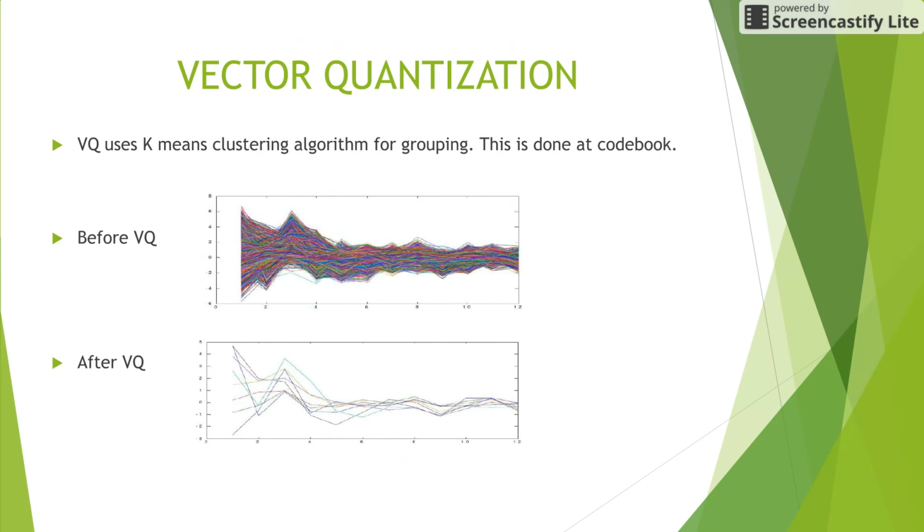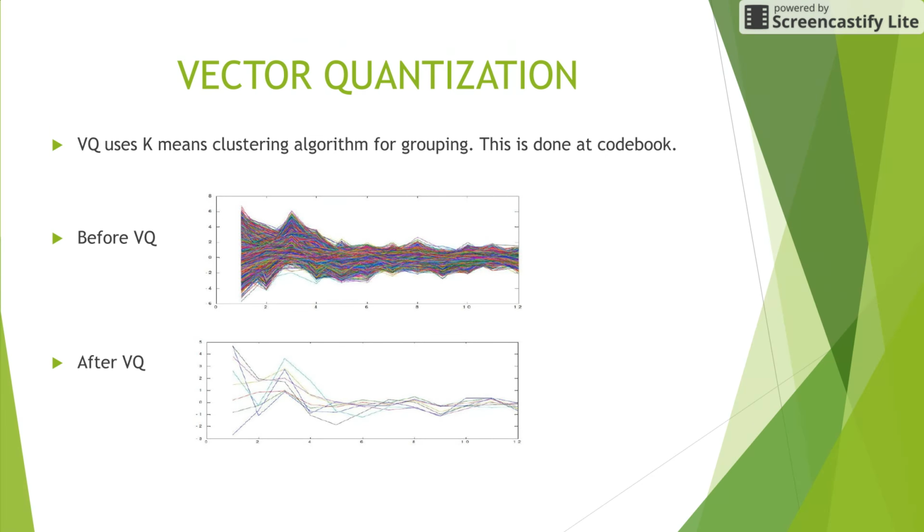It basically quantizes a single point into a vector quantity that represents the properties of the point and the position of the point. So this is basically used for grouping by the k-means problem.